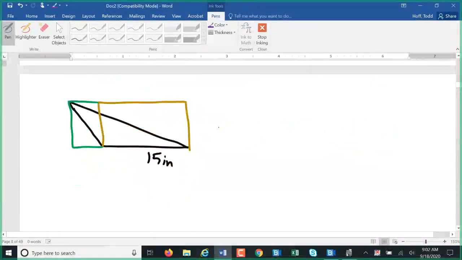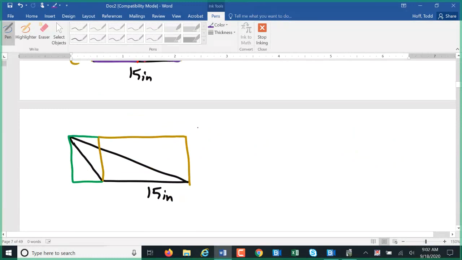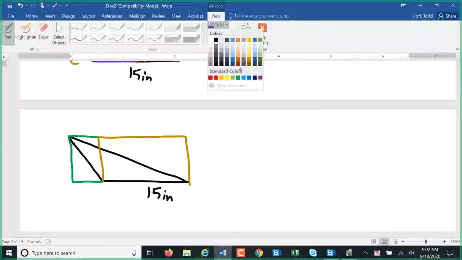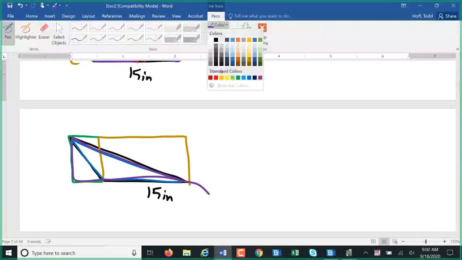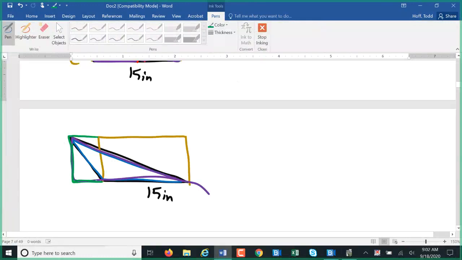This one's a little trickier. This triangle in blue is part of a bigger triangle, which would be this one in purple. If I took the purple triangle and subtracted this green piece here, I would get the blue triangle.